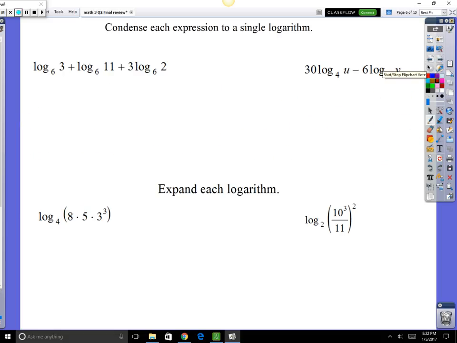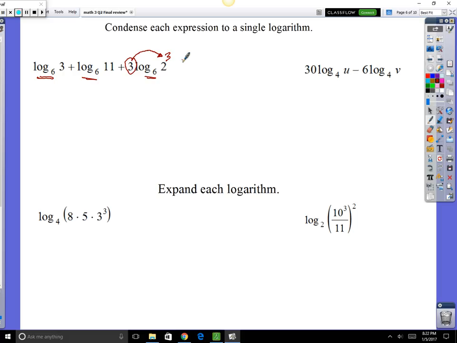Okay, then we spend some time with logs. So let's do a few logs. Now, condense these to a single log, so we actually have 3 logs. And they're all log base 6. So first, as you scan these, this number out front is the exponent of the 2.